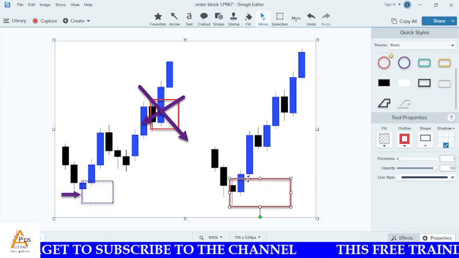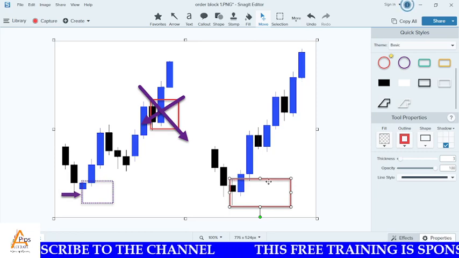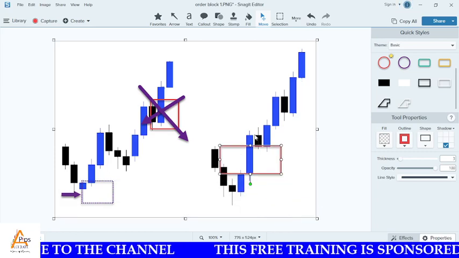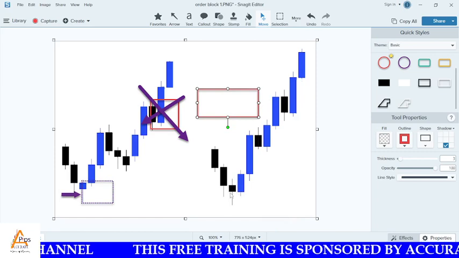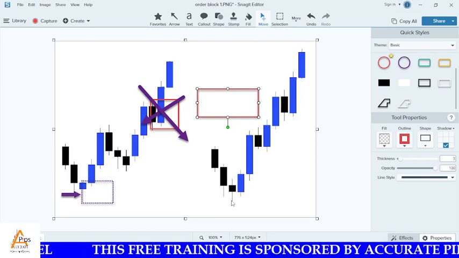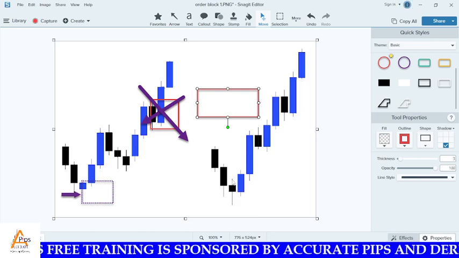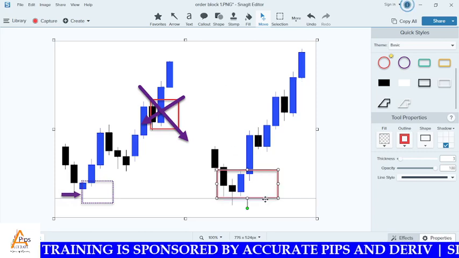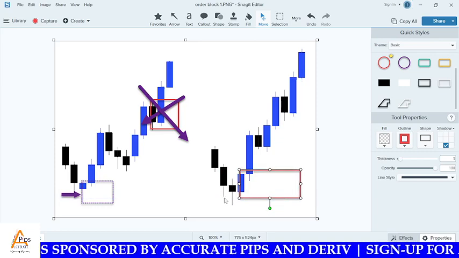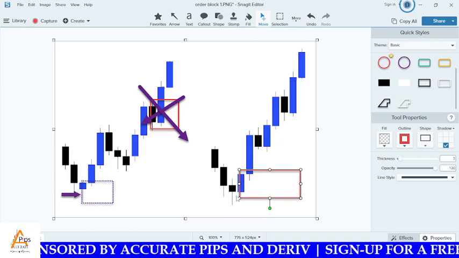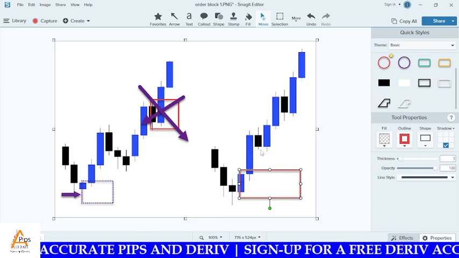Why? Because this candlestick mitigates the high of this candlestick. Let me move this guy away. You can see this mitigated this. So this is not a valid order block, but rather you shift the order block from this guy to this guy. Why? Because the low has already been taken by this guy, and the imbalance area is between this guy and this guy.